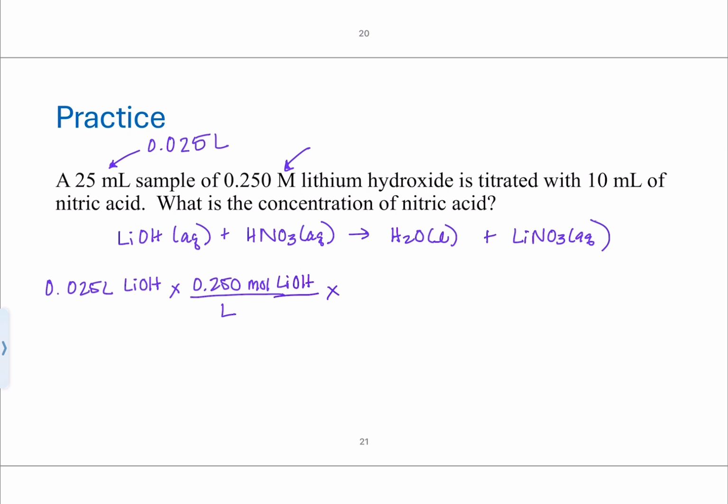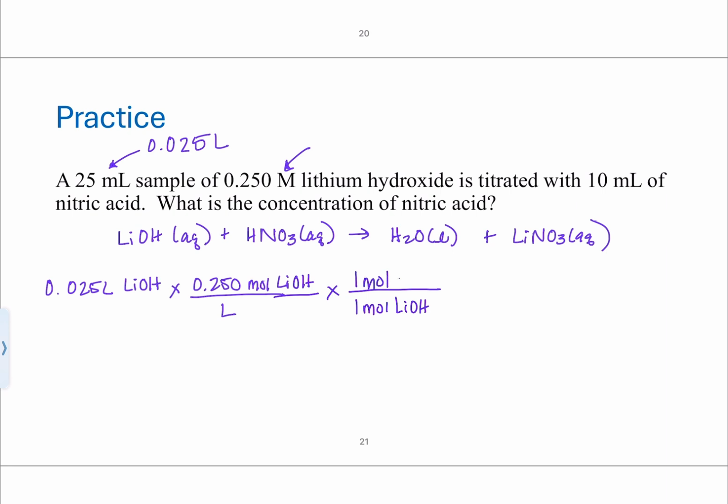Okay, the next thing we need to use is our molarity, which is our concentration, which is a conversion factor. We need to make sure we write molarity in a way that we can cancel out our units. So we put liter at the bottom for every 2.50 moles of lithium hydroxide. So now what we're left with as represented here is moles of lithium hydroxide, but our goal is to get the concentration of nitric acid.